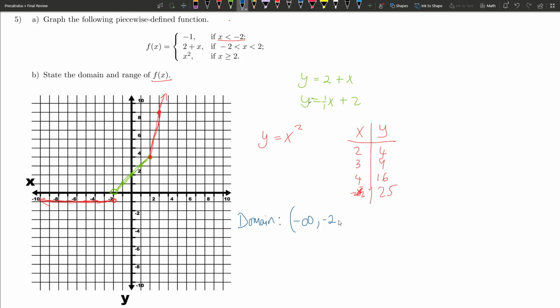It does not include that value of negative 2. So we're going to put a parenthesis, and we're going to put this union, and we're going to write the other set. So again, we start back at negative 2. Notice, this is literally just skipping the value of negative 2 itself. It goes all the way up to negative 2, all the values up until negative 2, like negative 1.99999, but not negative 2 itself. And same thing here, this will be negative 2.000001.